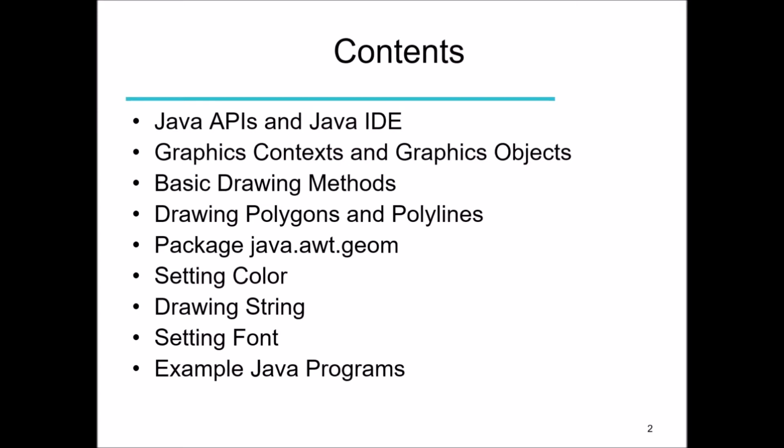And then drawing the string. If you want to write text as graphics, not like Unicode or ASCII text, we'll discuss that in this lecture. And then how we can set the font when we are writing a string or text as graphics, so how we can write in different fonts. And then some example Java programs. So these are the topics of this lecture.